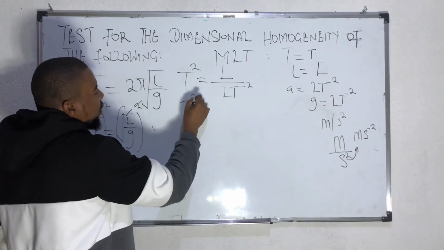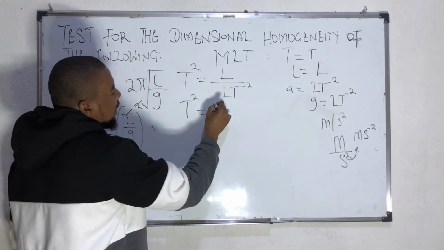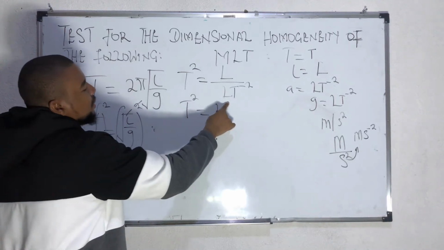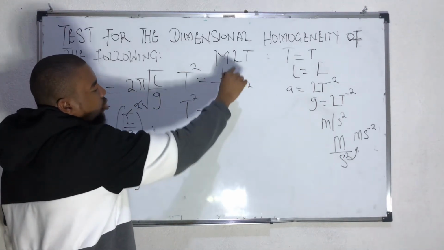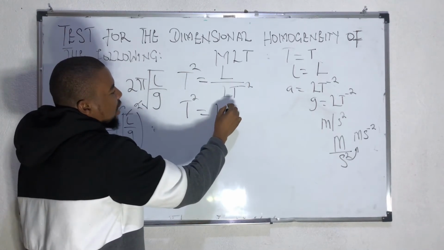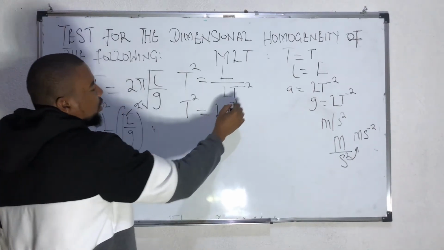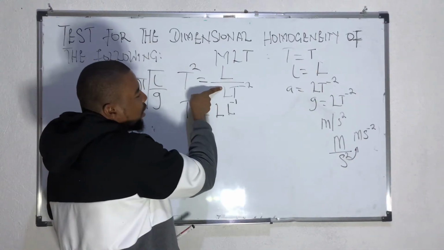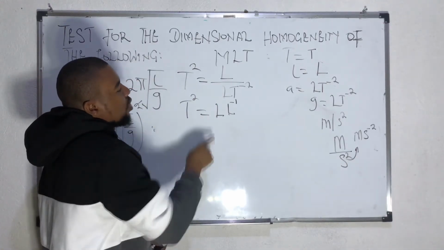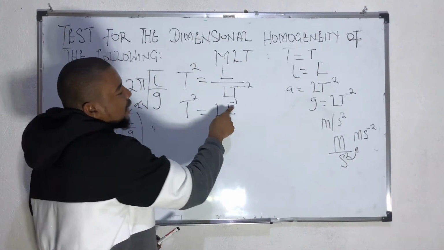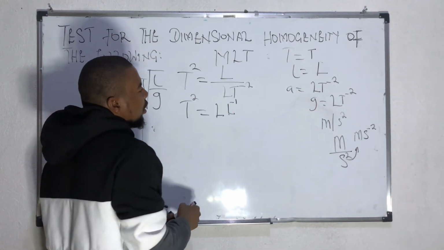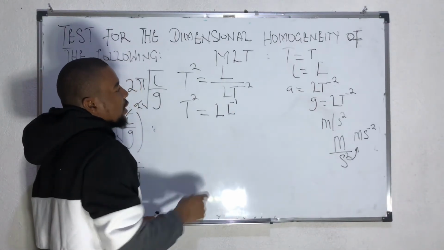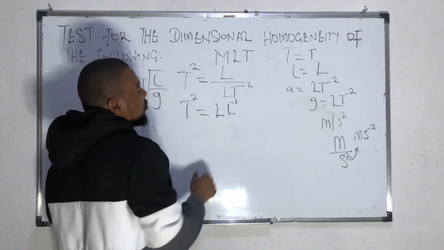Here we have t squared equals, we have an L here. If I take this entire LT to the negative 2 upwards, we shall now have L to the negative 1, because the L has a power of 1 down here, which is positive. So if you take it upwards, it now carries a negative 1 as its power.